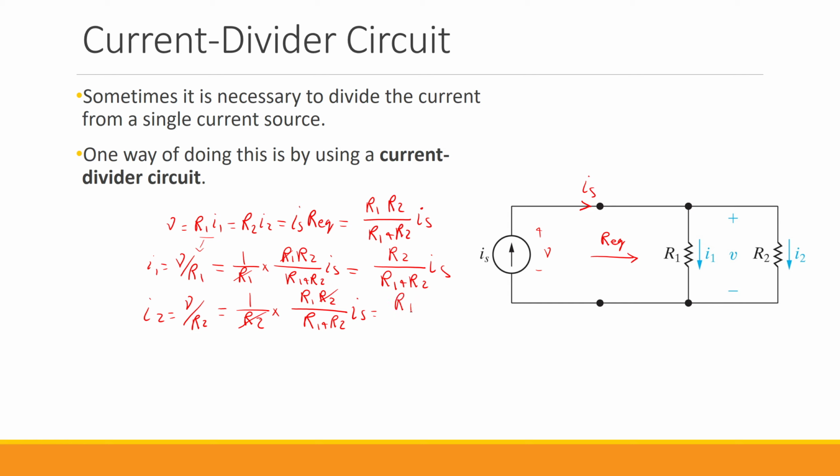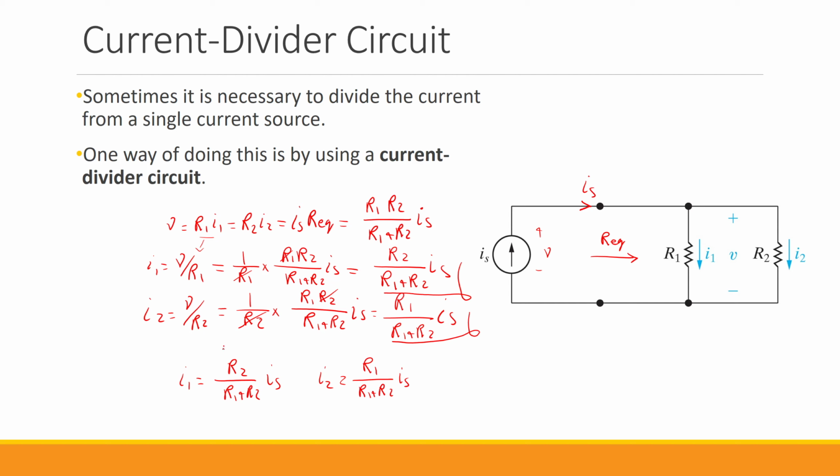So we have R1 over R1 plus R2 multiplied by Is. This is I1 and this is I2. So let me just write this quickly. I1 is R2 over R1 plus R2 multiplied by Is, and I2 is R1 over R1 plus R2 multiplied by Is.